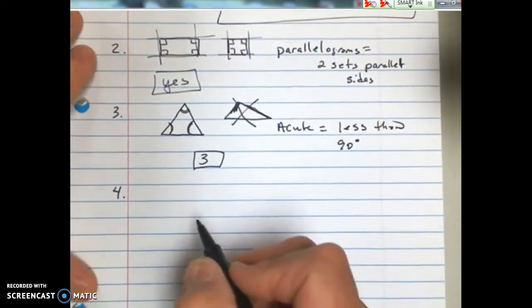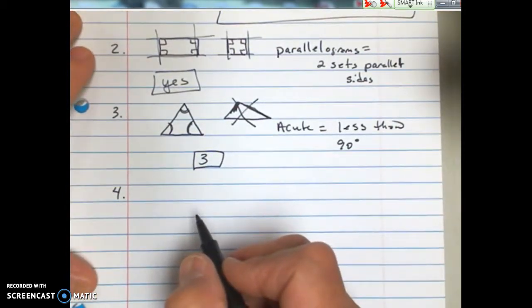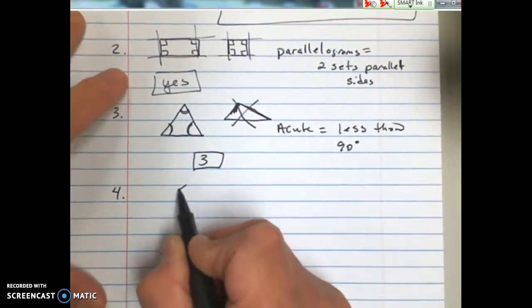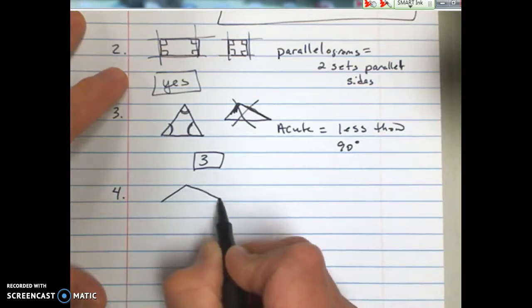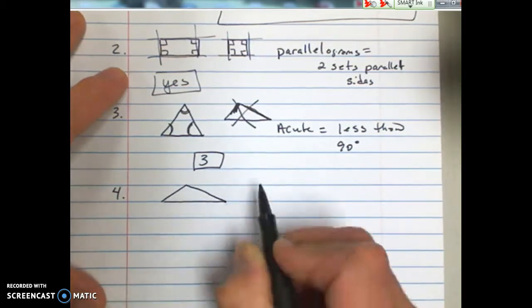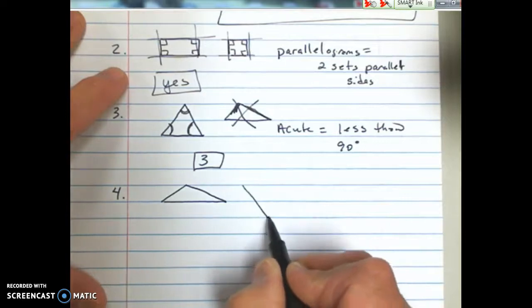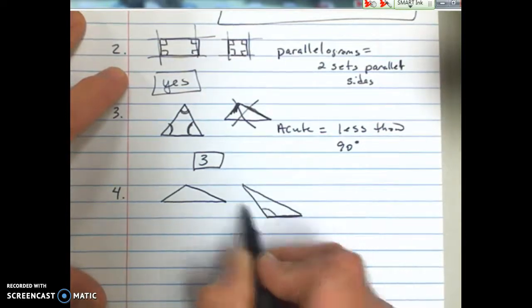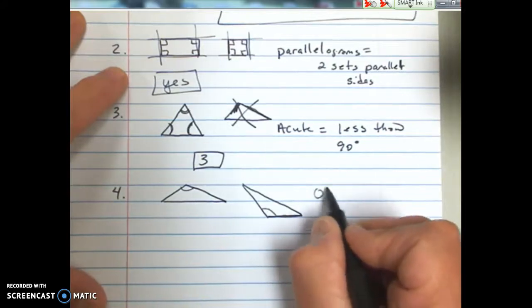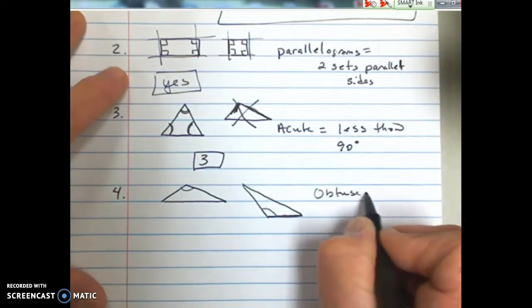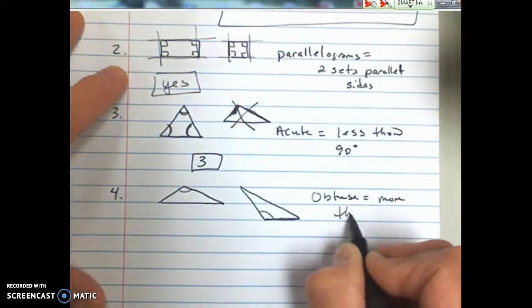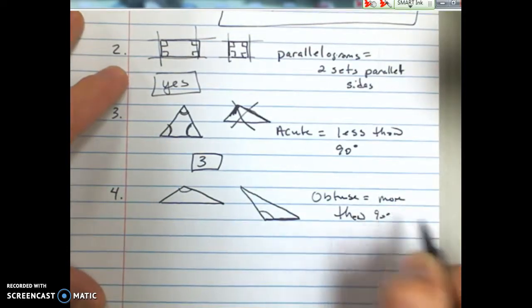Number 4, how many obtuse angles does an obtuse triangle have? So let's draw an obtuse triangle. An obtuse triangle is more than 90 degrees. And we can make it sit like this. There's lots of ways to draw our triangle. But obtuse means more than 90 degrees.